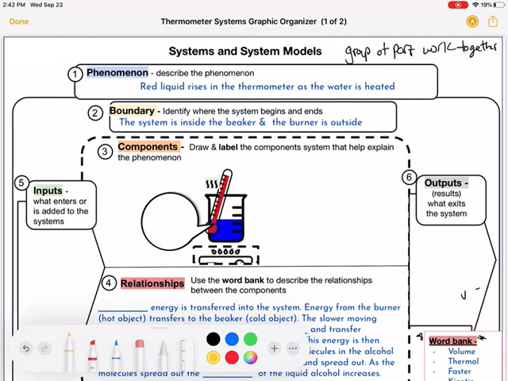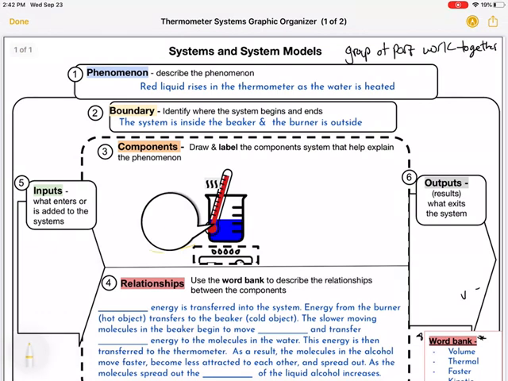In this case, scientists can decide where you want your boundary to start or end. For us, we're going to call anything inside of the beaker part of the system, and the outside of the beaker will be not part. So I'm going to draw a line here to show my system boundary.